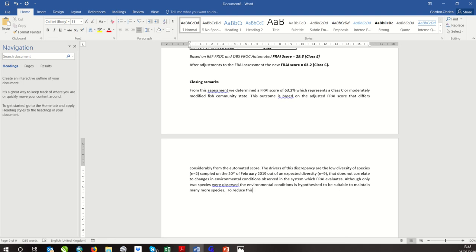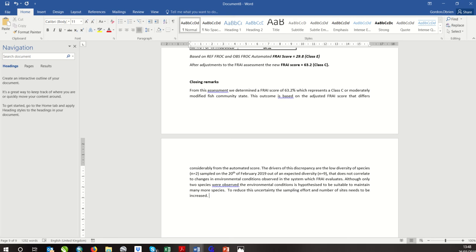To reduce this uncertainty, the sampling effort and number of sites needs to be increased.